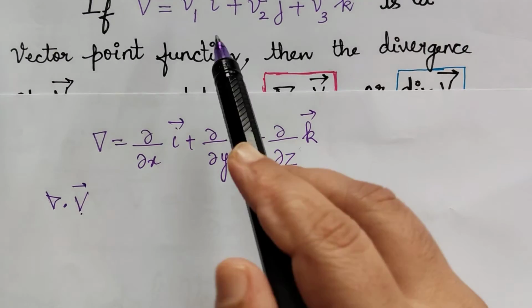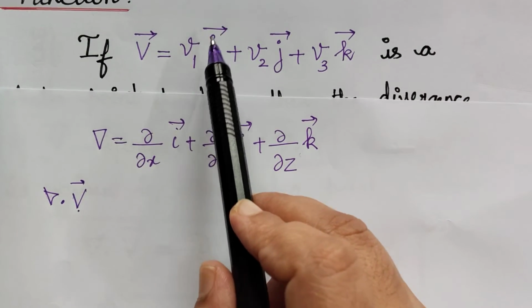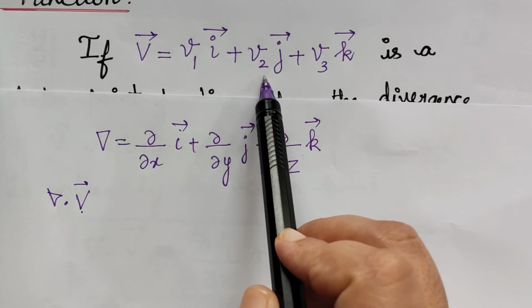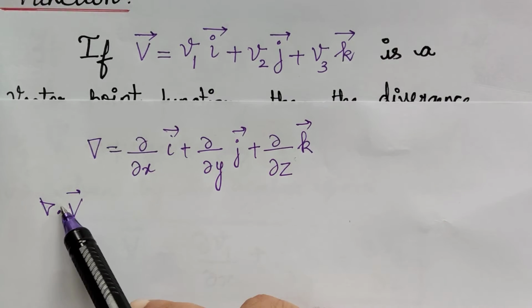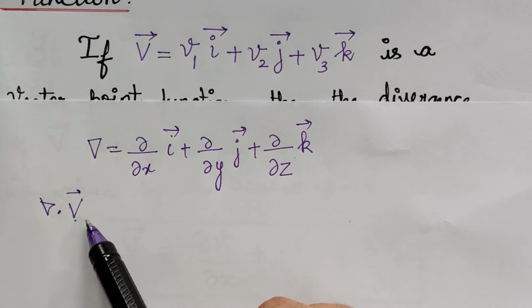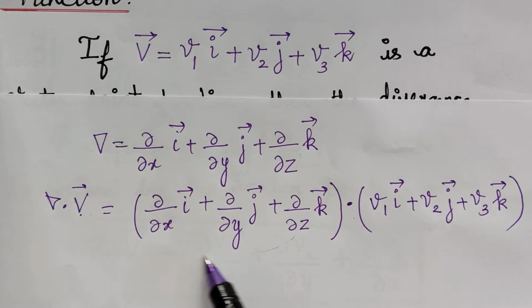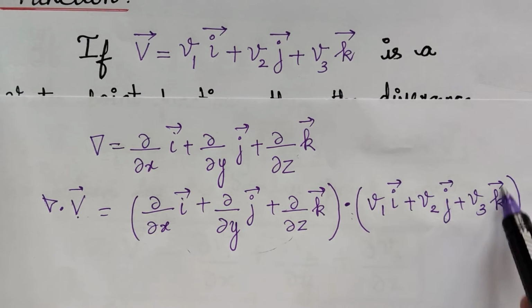So what is v vector? It is given here: v vector is v1 i vector plus v2 j vector plus v3 k vector. So when we take the dot product between these two, this is nabla dot product with v vector.